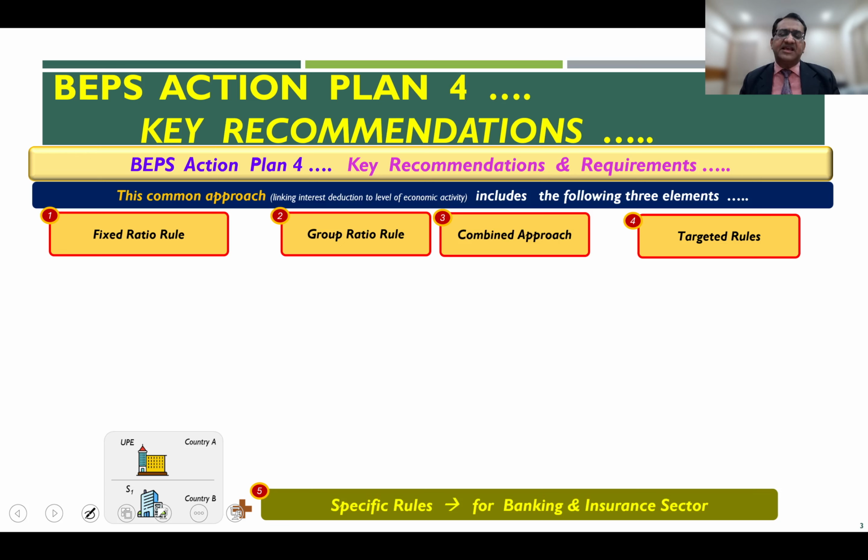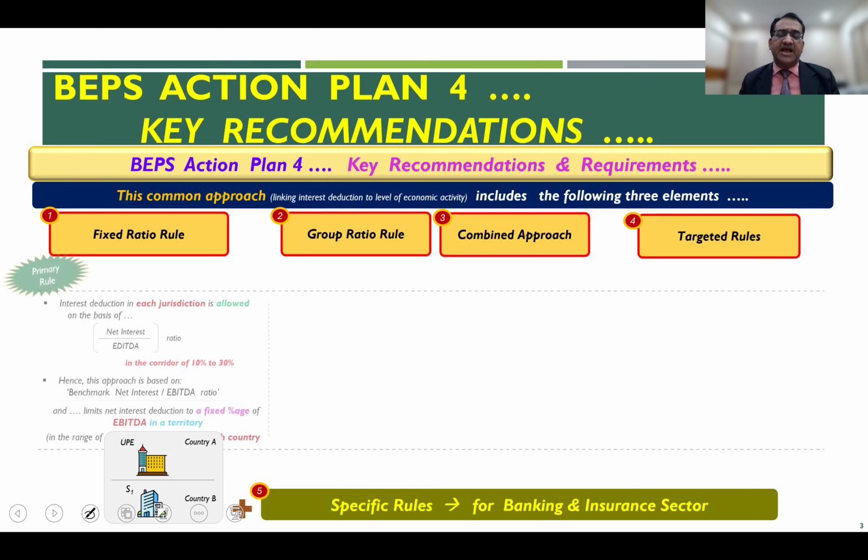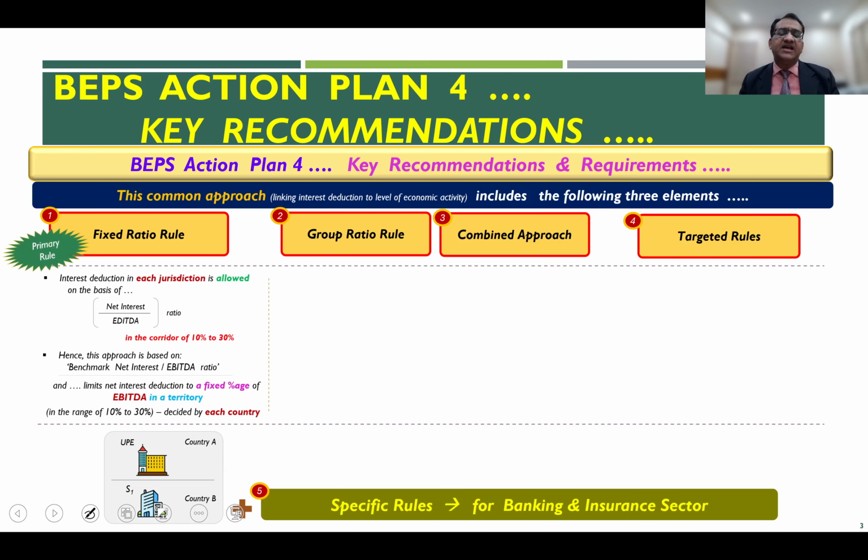We have already seen that as part of the 2015 recommendation by the BEPS, we have had three types of core rules. The fixed ratio rule, wherein the net interest deduction was linked to the EBITDA of the individual entity in a country in the range of 10 to 30%.